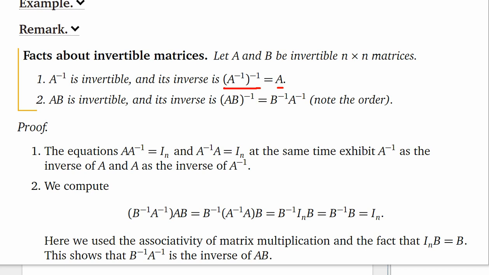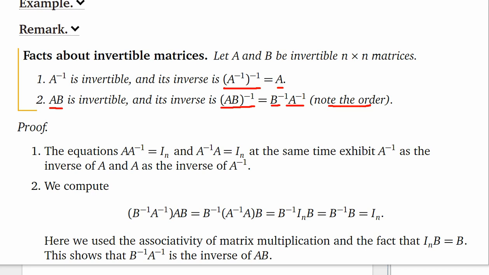And if the product matrix A times B is invertible, then look at how you calculate its inverse. The inverse of A times B is B inverse times A inverse. All right, so notice they say note the order. This is the shoes and socks principle.